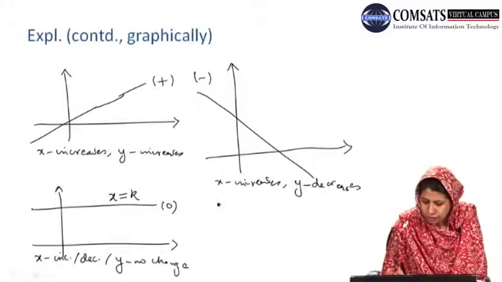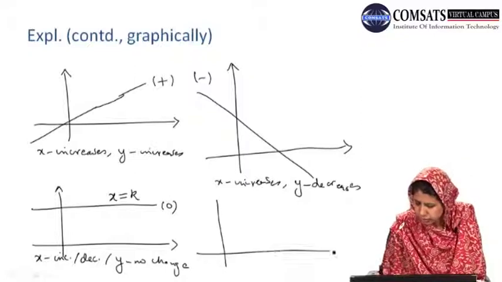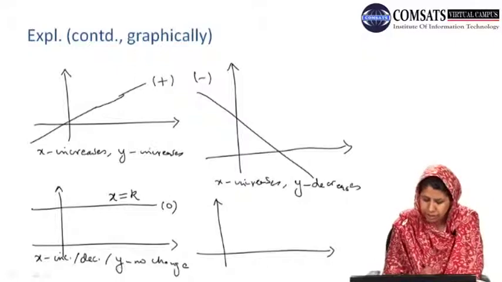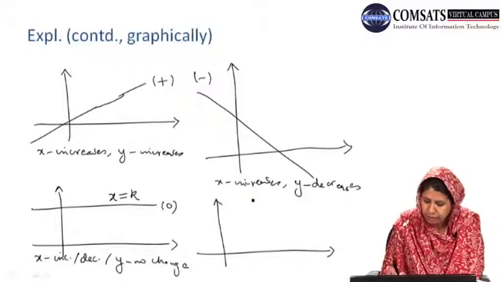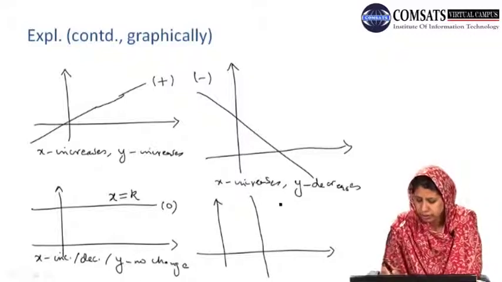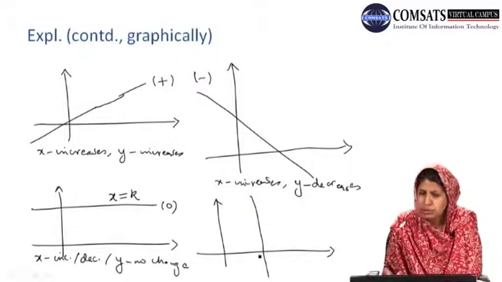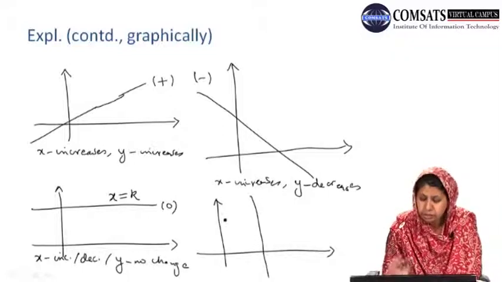Now the final case, when the slope of a line is not defined. This means that if we draw a vertical line like this, as the value of y increases or decreases, the value of x is constant, it's fixed.